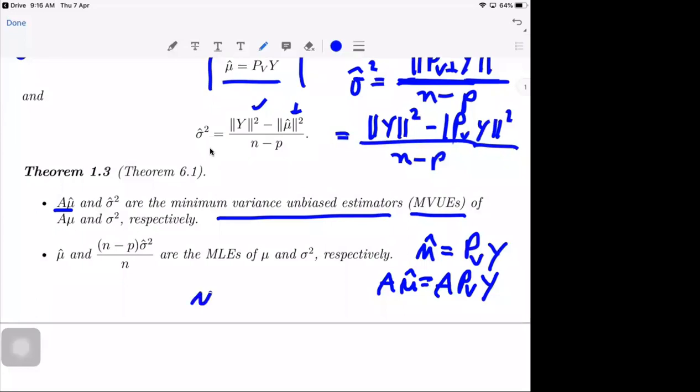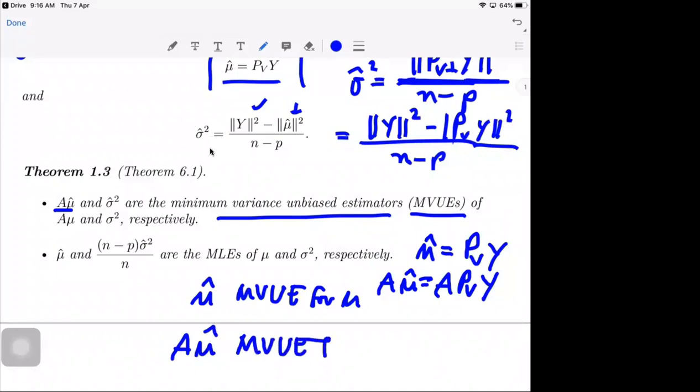So mu hat is MVUE for mu, and if you do some transformation on mu hat, it is MVUE for A mu. This is what this theorem is telling you. There is no transformation for sigma.